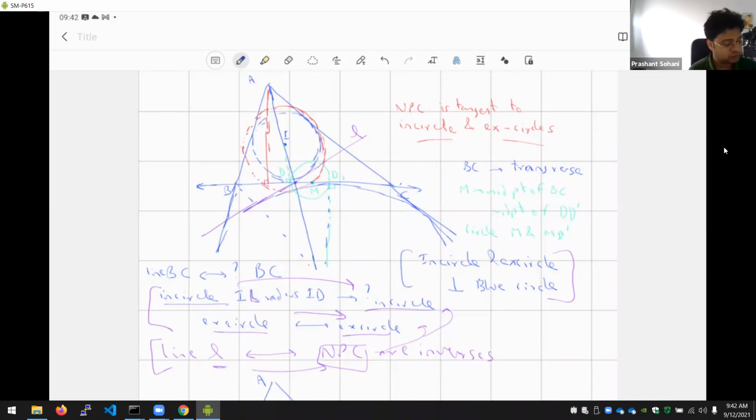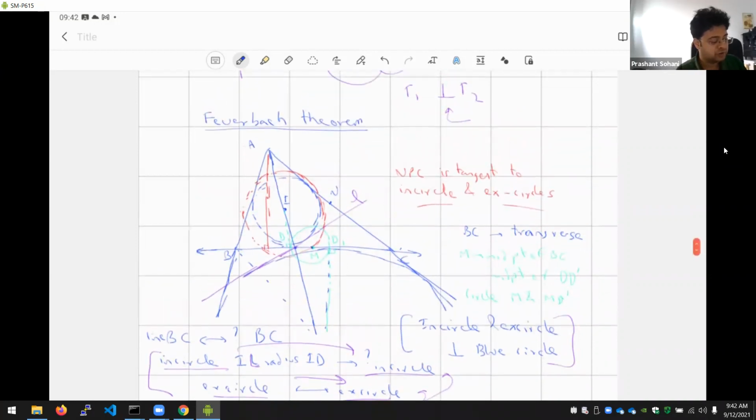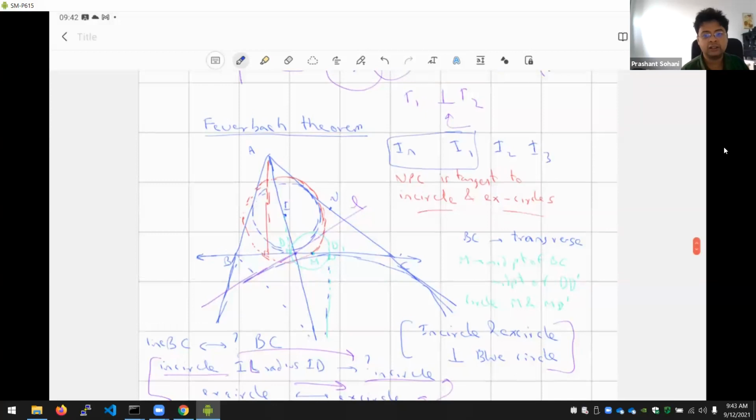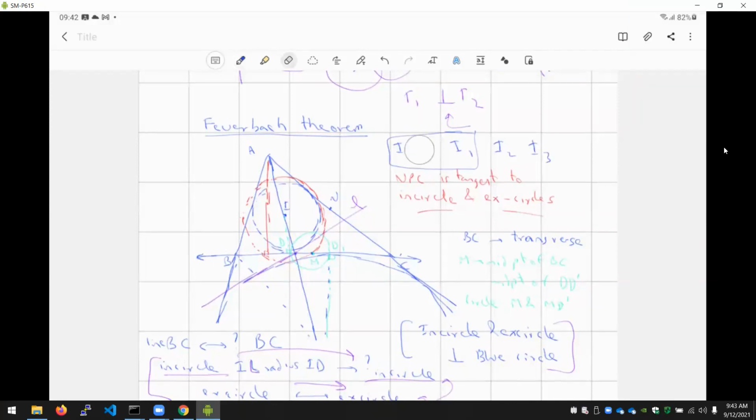You can imagine that if I took the same circle on the other two sides and repeated the argument, the same thing would happen there. By symmetry, Feuerbach's theorem is about 4 circles in total: the incircle and the excircles I1, I2, I3. If we show I and I1, then by symmetry I2 and I3 will also follow.